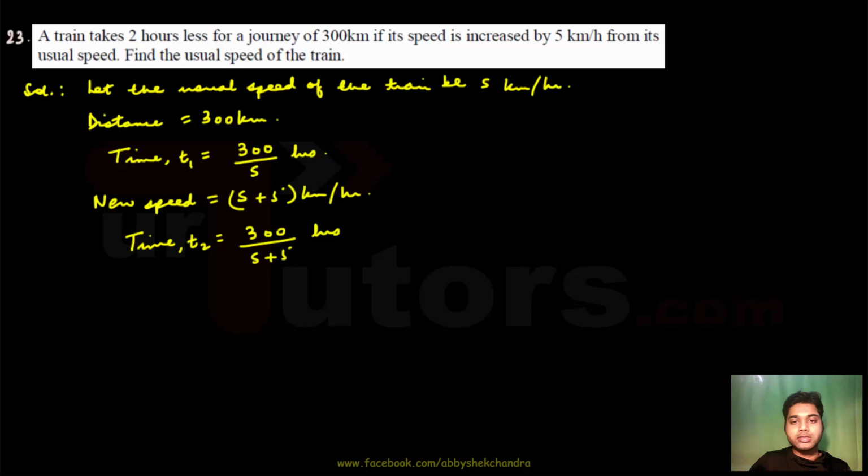From the question, the time taken reduces by 2 hours, right? So 300 by s minus 300 by s plus 5 should give me 2, right?